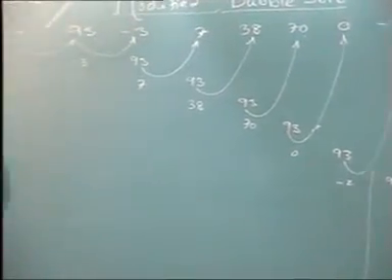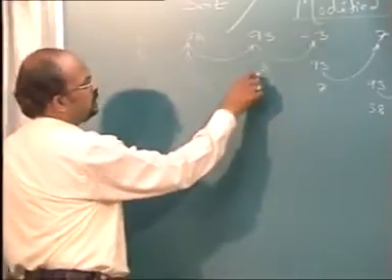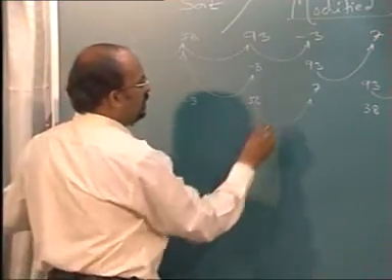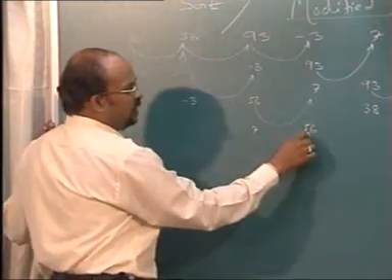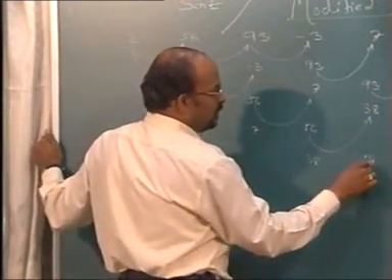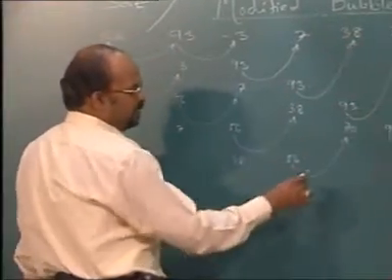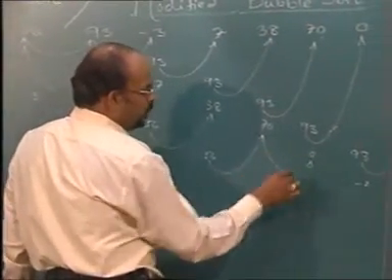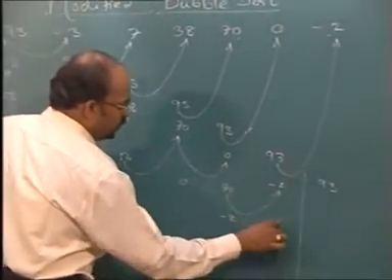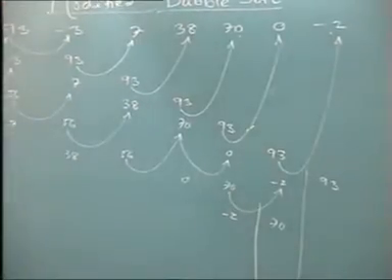Then it is 56, 56 -3, so -3, 56, 56 7, 7 56, 56 38, 38 56, 56 70 as it is, 70 0, 0 70, 70 -2, 70. 70 got fixed up.